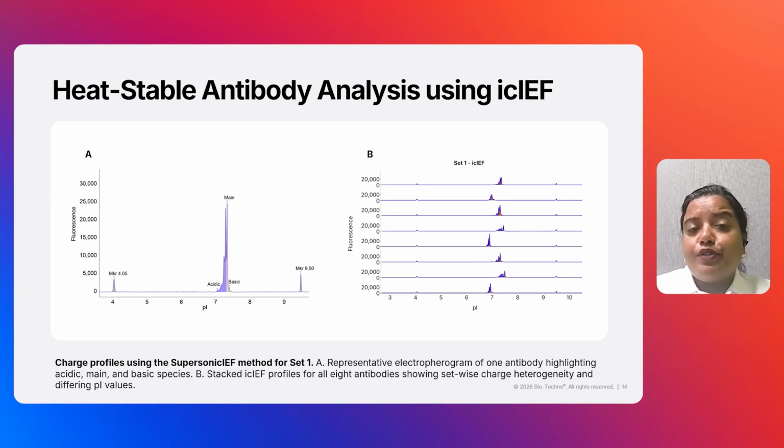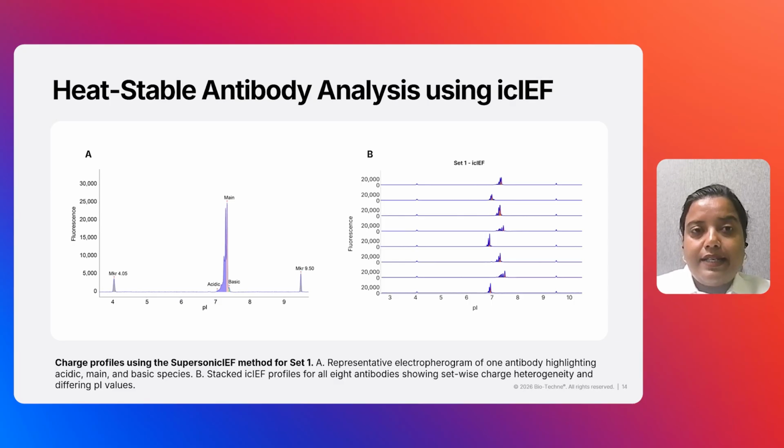Additionally, this new supersonic ICIF method, which we have published recently, leverages the existing advantages of the Maurice, including multiple voltage ramps and the ability to run at a higher voltage overall. Now, this method further accelerates the ICIF analysis with minimal changes to the standard assays. Why am I mentioning this? Because this assay gives you higher speed and faster results, especially when you are doing your upstream analysis with many clone selections.